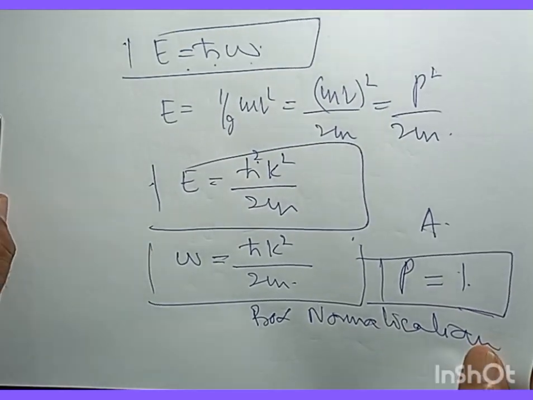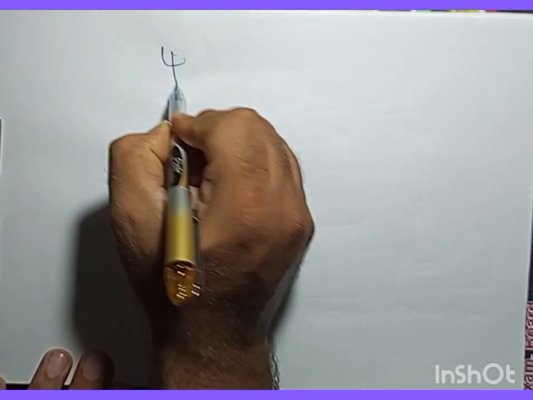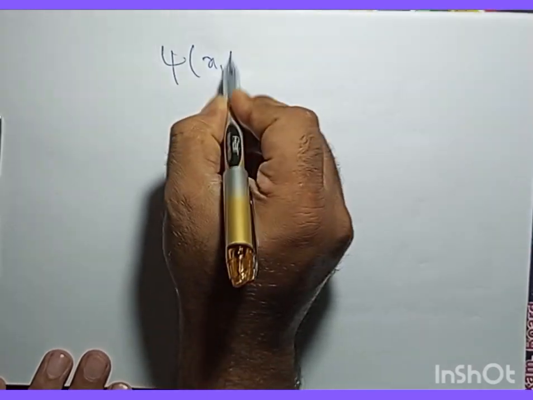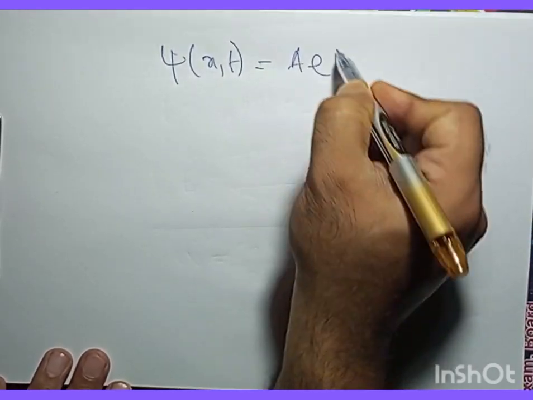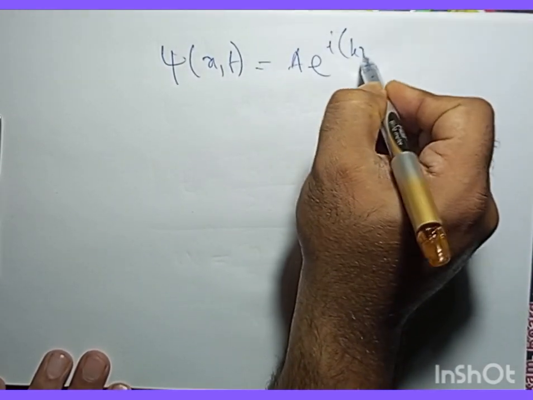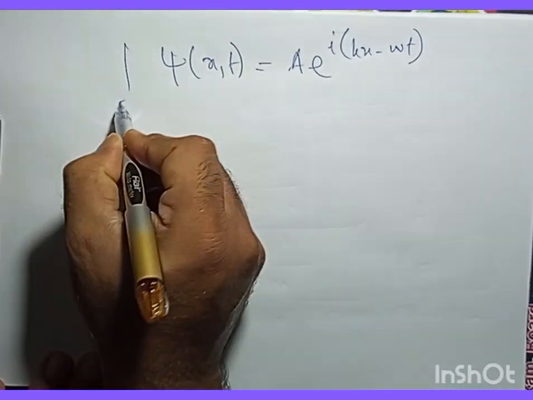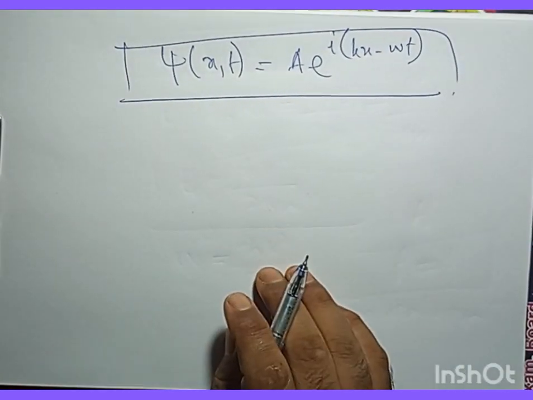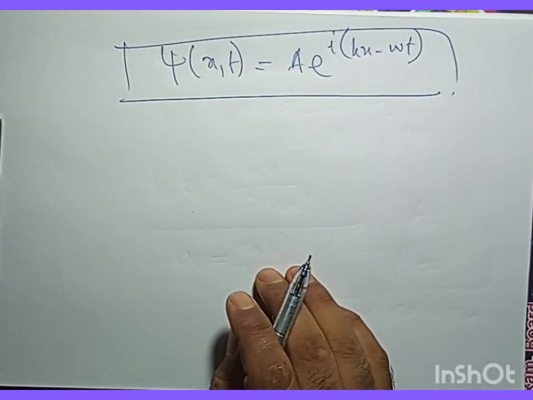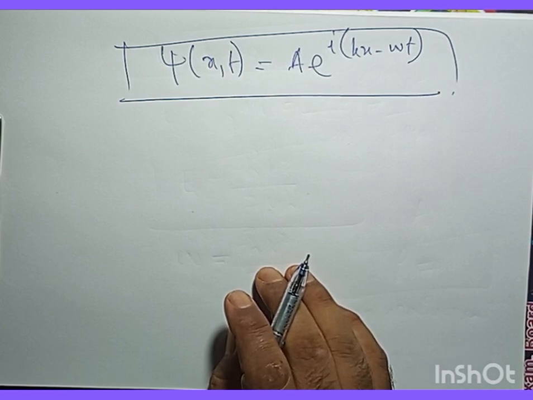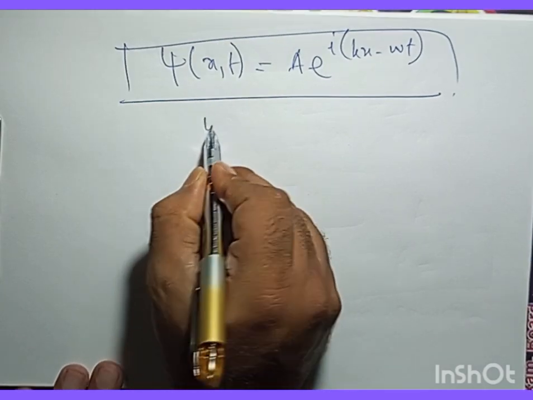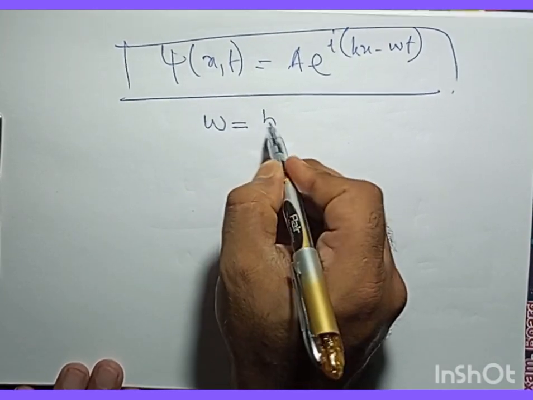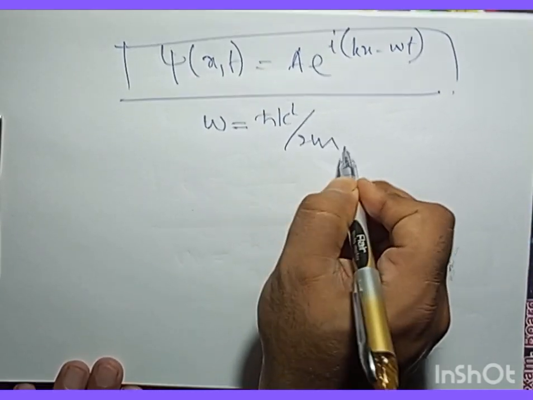Now, suppose I consider a free particle in one dimension and I write down its plane wave solution as psi of x and t equal to A e to the power of i(kx minus omega t). So we better understand the meaning of the symbols here: k is the wave number or propagation vector, and omega we can write for this plane wave as h cross k squared by 2m.